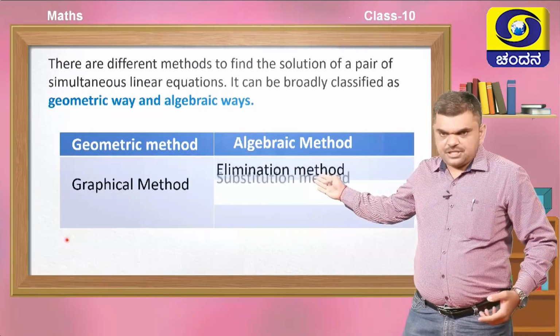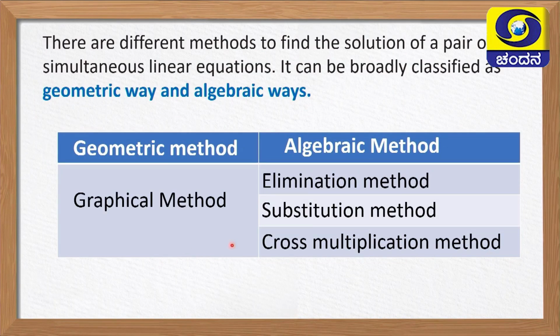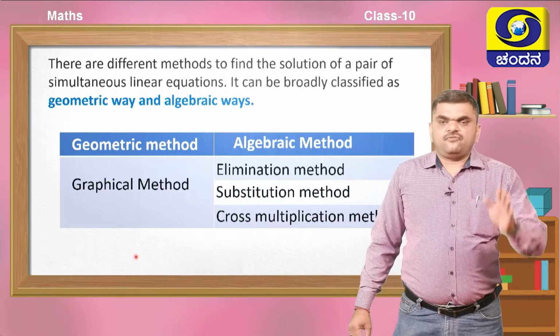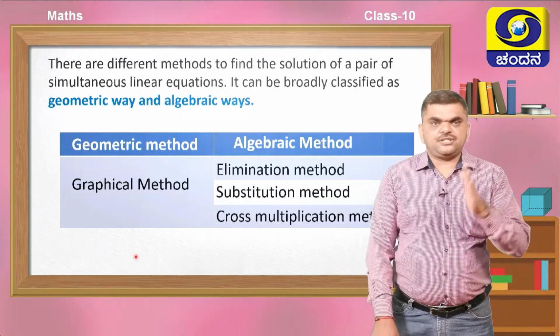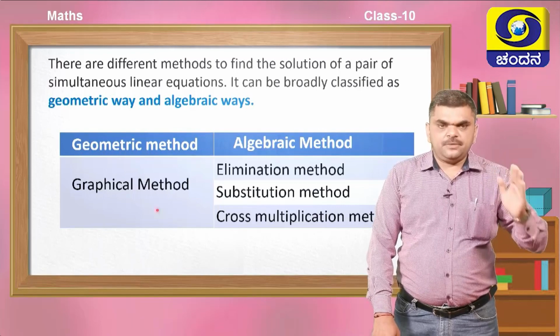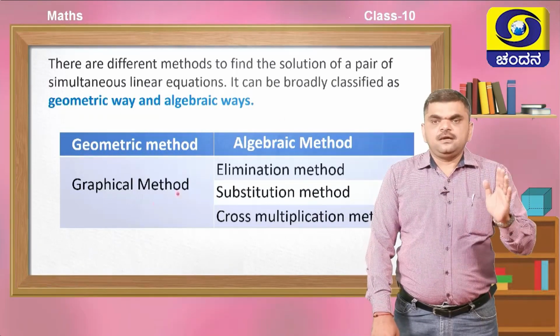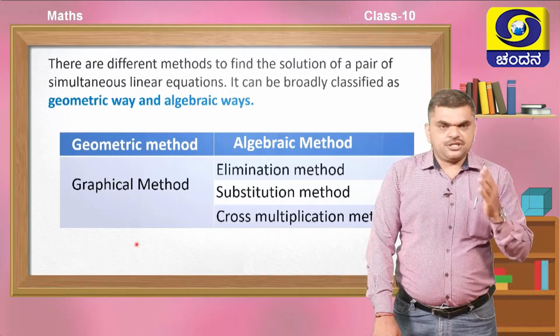One is the elimination method, another is the substitution method, and another is the cross multiplication method. Children, from this year's examination point of view, you have to give more importance to the elimination method and the graphical method. Compulsory, children. It is one of the compulsory questions in your examination also.